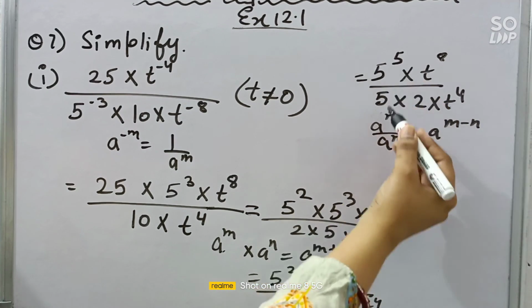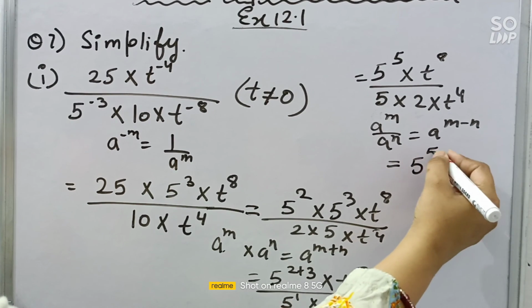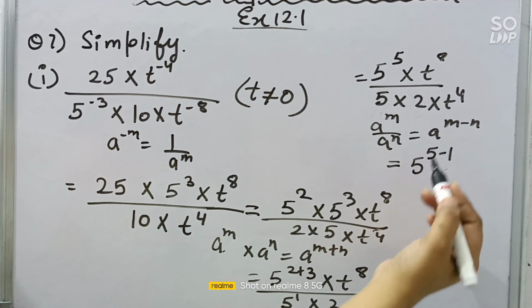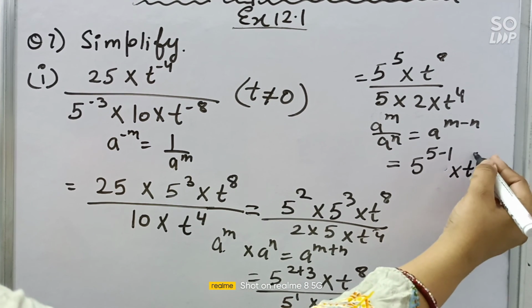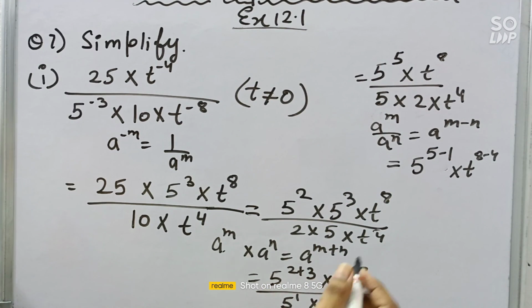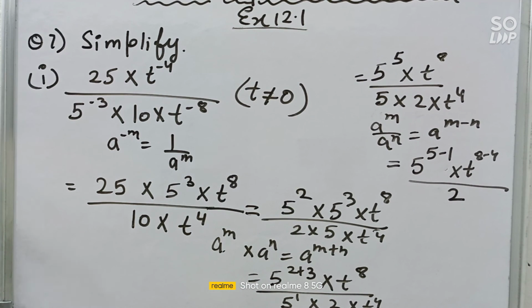So we will apply this law on both for 5 and for t. So it will become 5 raised to the power 5 minus 1. This was 5 and this was 1, so it becomes 5 minus 1 multiply t raised to the power 8 minus 4. m was 8 and n was 4 here. Now in denominator we are left with 2 only.